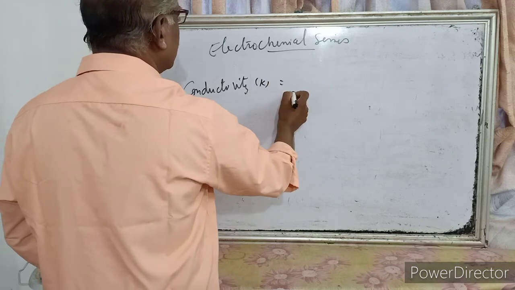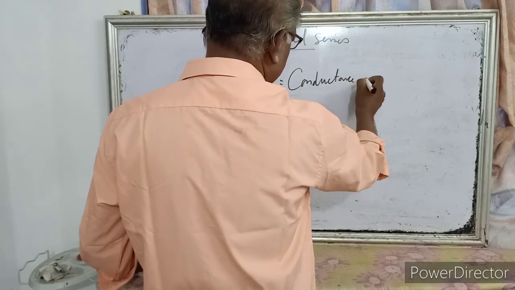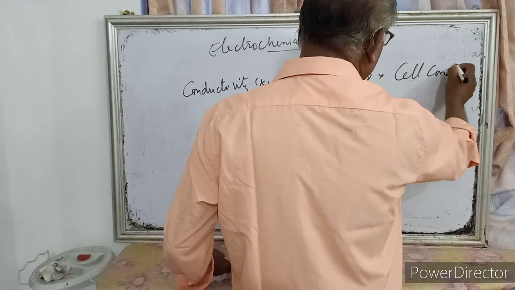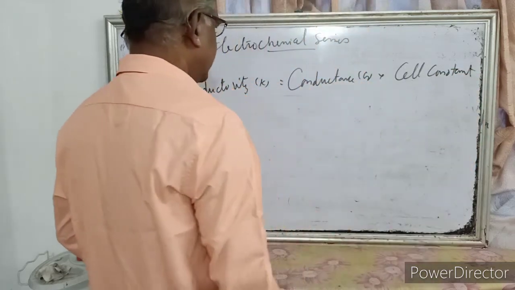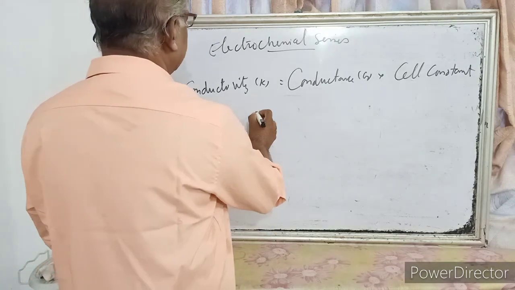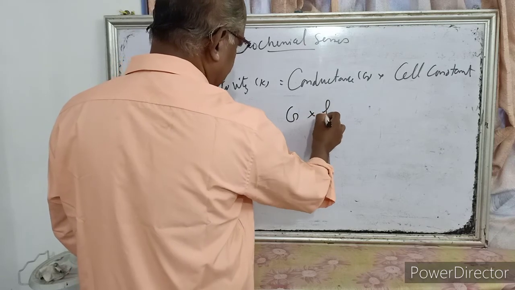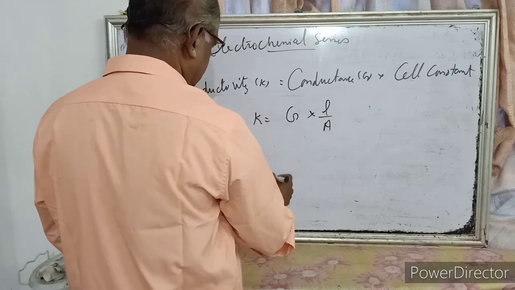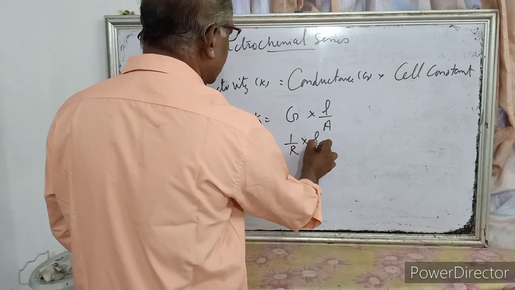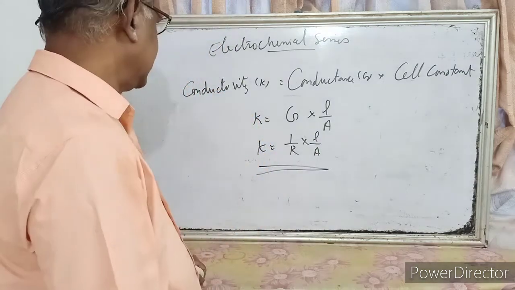K is equal to G into L by A, or K is equal to 1 by R into L by A. That's the relationship between conductivity and conductance.